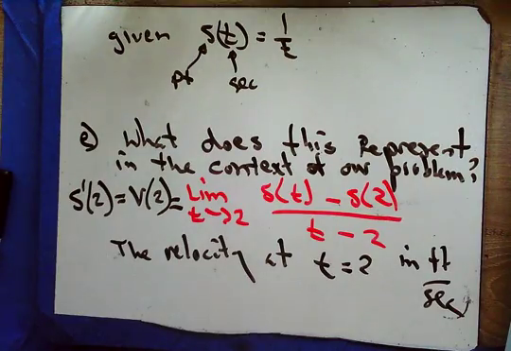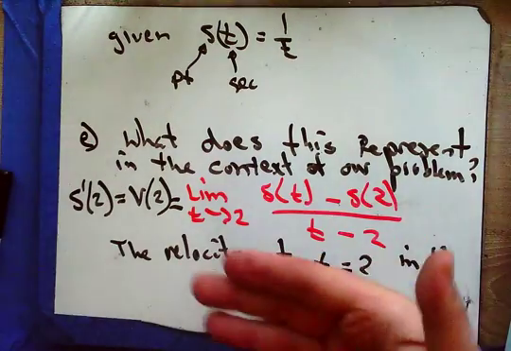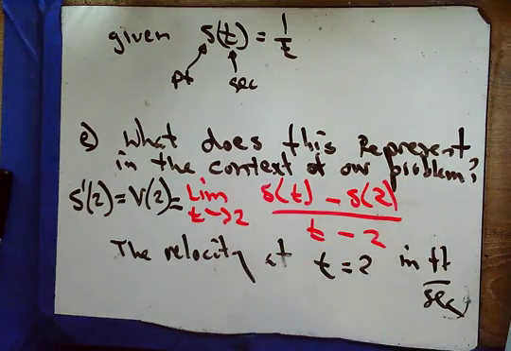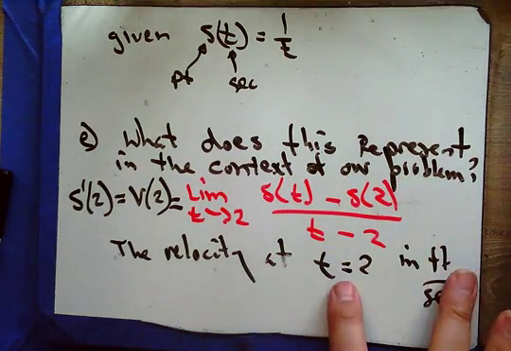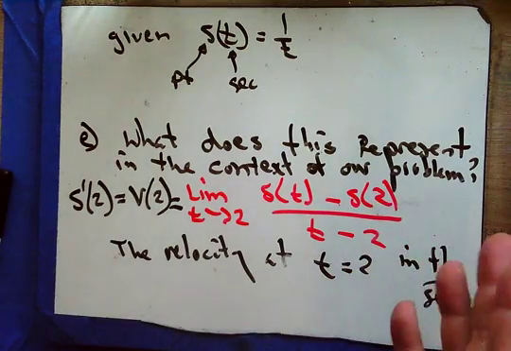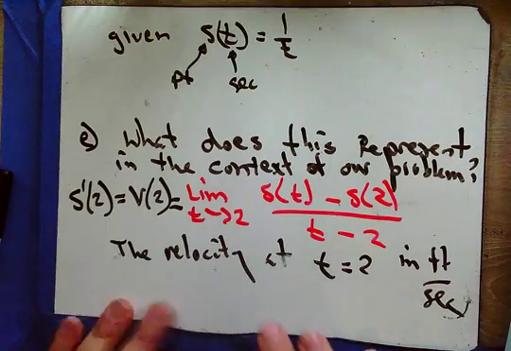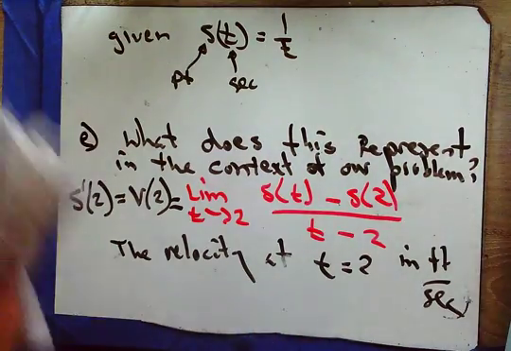Okay, so another thing about the AP exam, if you just say it represents velocity, you're not getting the points because you're not being specific enough. It's the velocity at a certain point. The velocity has certain units. So don't forget to highlight those if you know those.